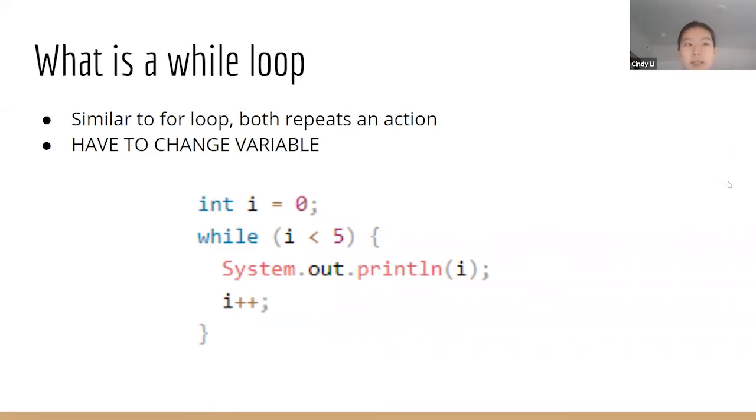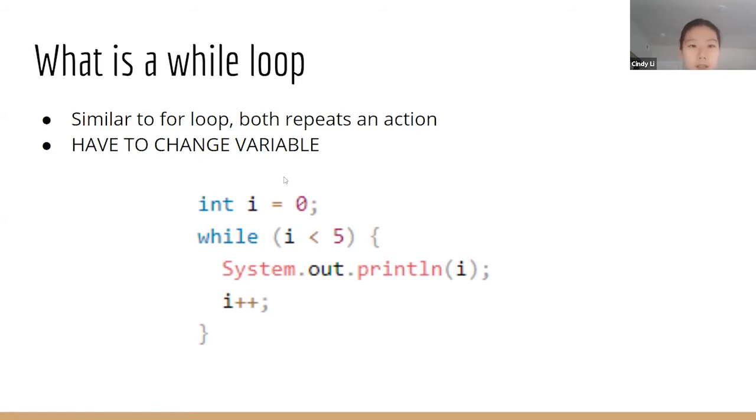Now, the thing that's different about a while loop is that for loops have the defining variable, the condition, and the iteration all within the parentheses, while the while loop only has the condition within the parentheses.